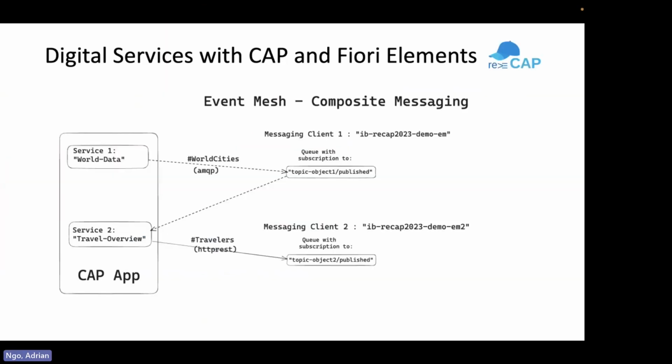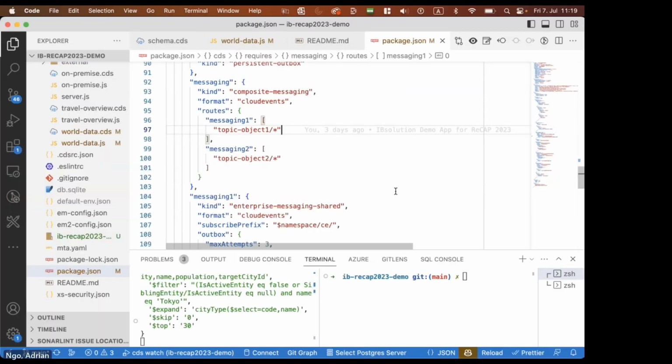So in this setup, I have a service 1, which sends data to topic 1 in message client 1. And this queue here is being listened on by service 2. And that would log what I'm sending to the message client 1. Try this.